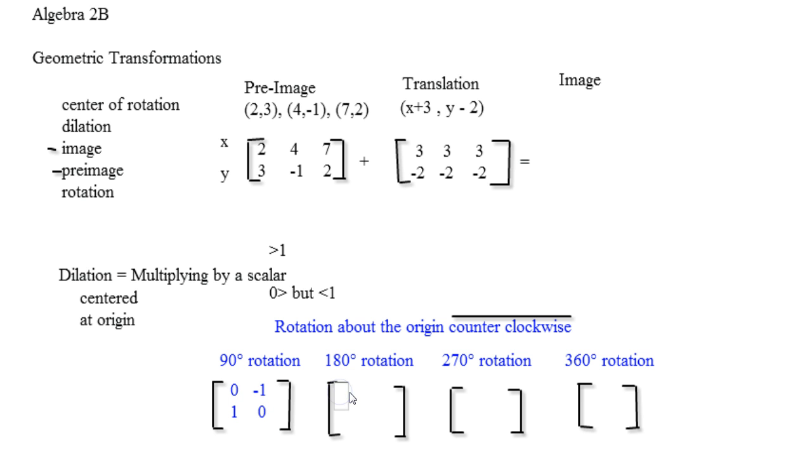A 180-degree rotation would be negative 1, 0, 0, negative 1. Something pretty simple. 270 degrees would be 0, 1, negative 1, 0. And a 360-degree rotation, I bet everyone can guess, is just the identity matrix.